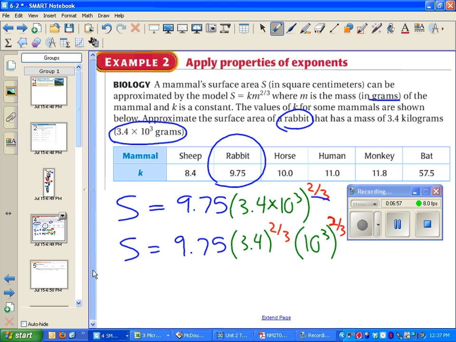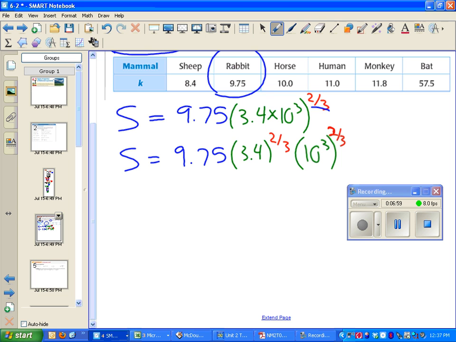Okay, so that's what we have so far. And then I notice we can simplify the 10. So we have 9.75 times 3.4 to the 2/3 power. And then I can multiply these exponents, so I would get 6 over 3, which is 2. So now we have 10 squared.